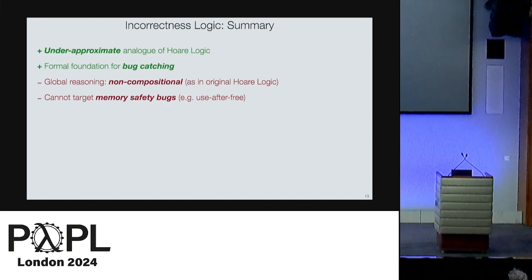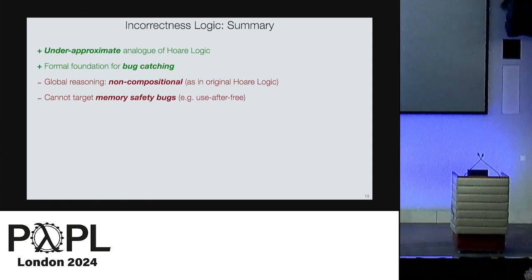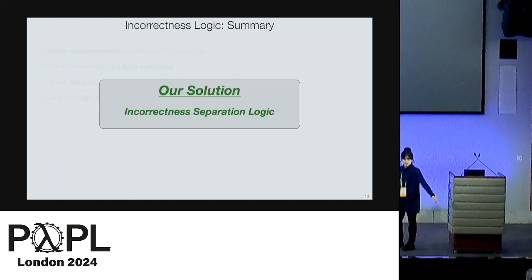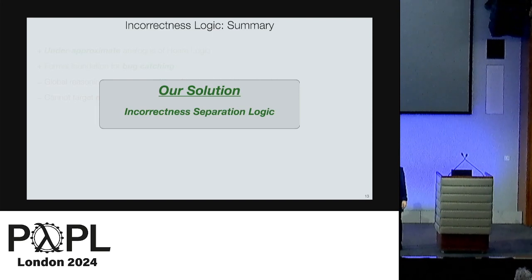It doesn't have the compositionality that later on we actually got from things like separation logic. As a result, it can't reason very well about things such as memory safety properties in programs where you have aliasing and pointers. So the natural next question that we all posed to Peter was, why didn't you consider an extension with separation logic? And this is when Peter asked me to join him, and we started working on incorrectness separation logic together.